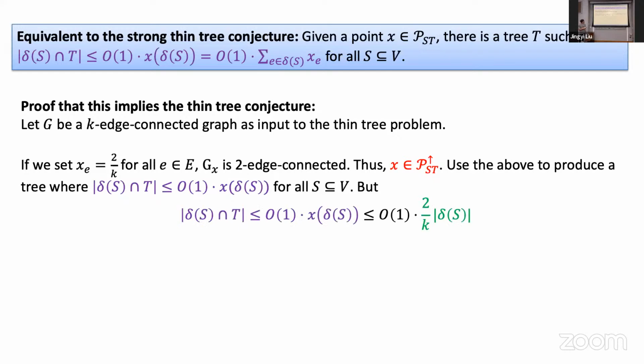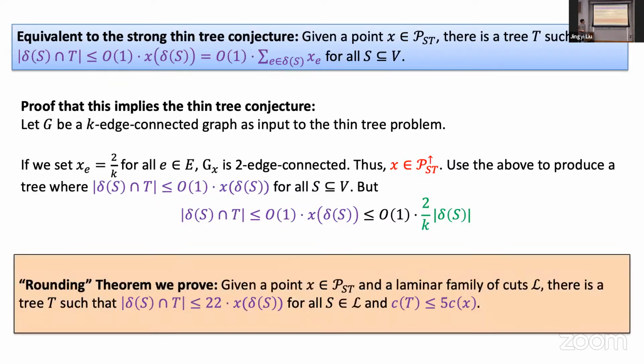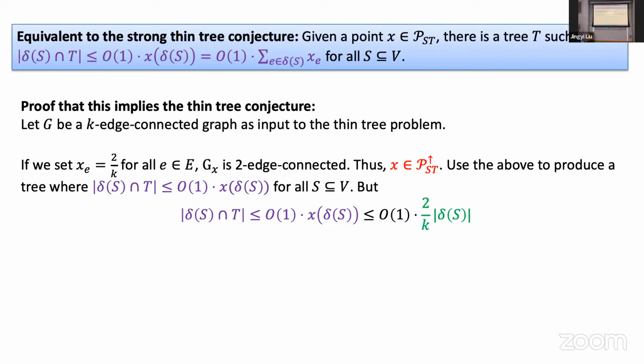Well, we know that now the number of edges the tree has in that cut is at most order 1 times the x value, but the x value is just 2 over k for every edge, so it's 2 over k times the number of edges in that cut. So, any questions about this?